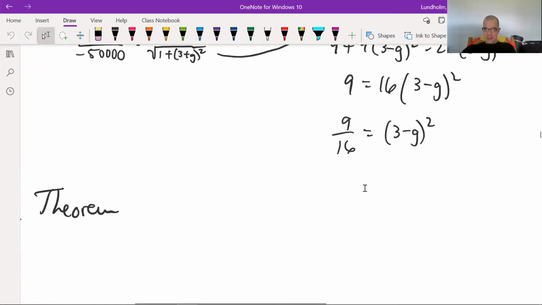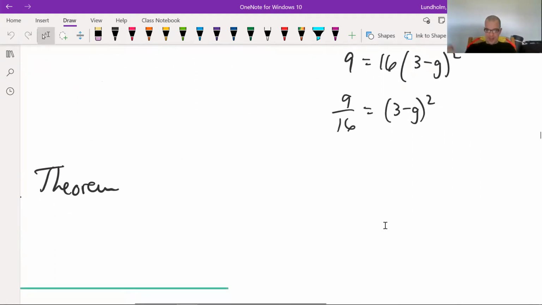That's my deal. All right, we're continuing. Square root of both sides. So this side becomes plus or minus 3/4, and this part just becomes 3 minus g. But then we can add and subtract to get g is equal to 3 plus or minus 3/4.